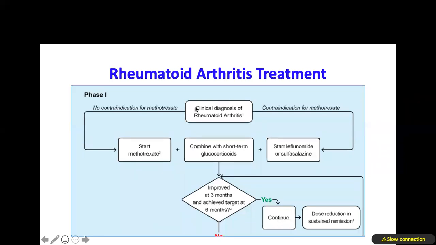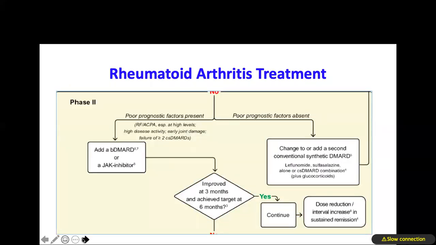Right. So the main thing, start methotrexate with steroids, and if that is not working, add on leflunomide and sulfasalazine. Monitor the patients 1 to 3 monthly, continue it. And if the patient is in sustained remission for at least a couple of years, you can decide on tailing off the drug.